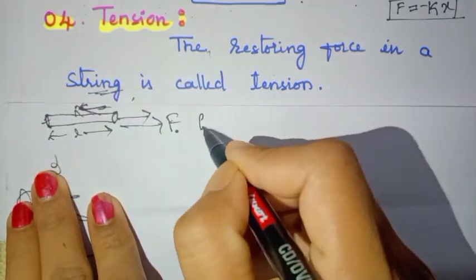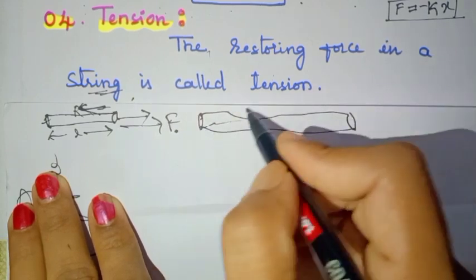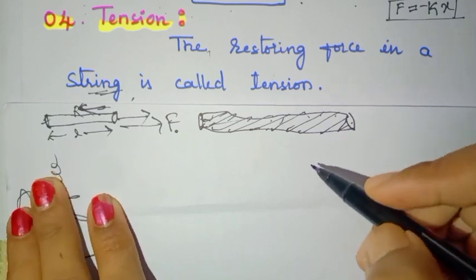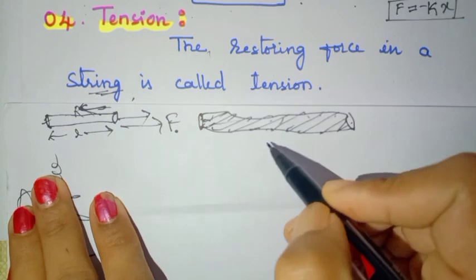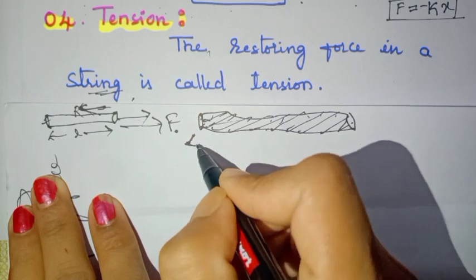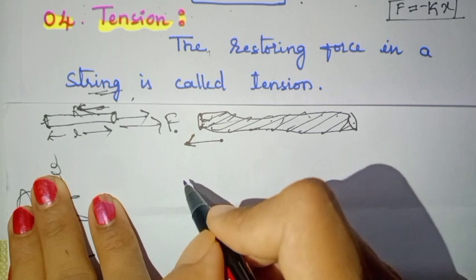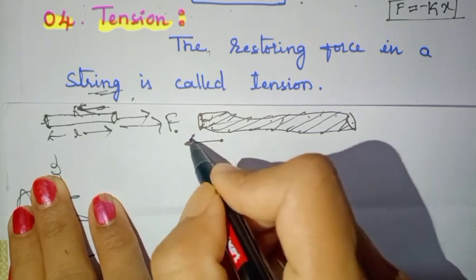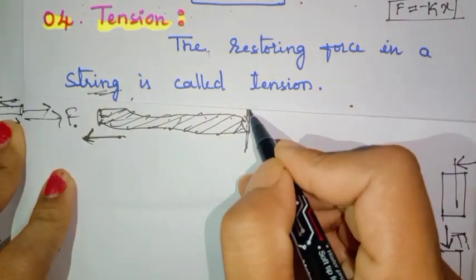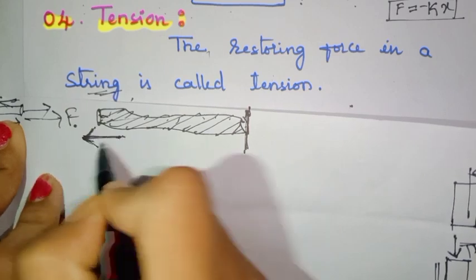For example, you will have certain ropes, right? I have drawn it like this. Ropes will have many layers, or whatever the material of the rope you have, those layers will be there. In case any person is pulling the rope in this direction, and the other side is fixed to a rigid support, now we put the force in the direction opposite to the rigid support.